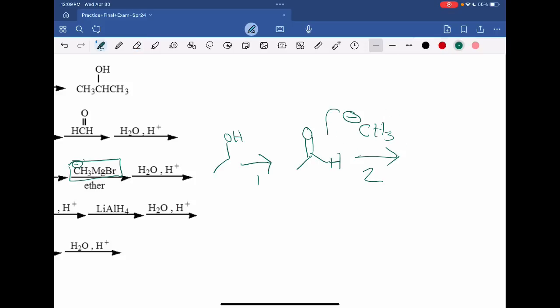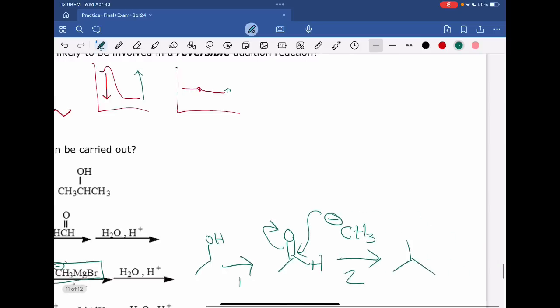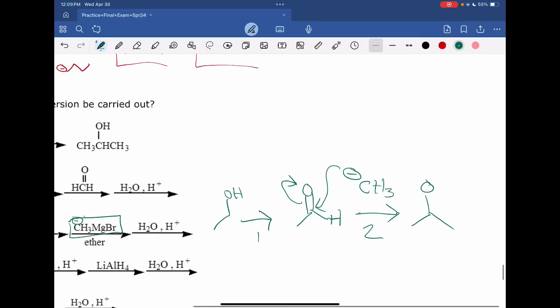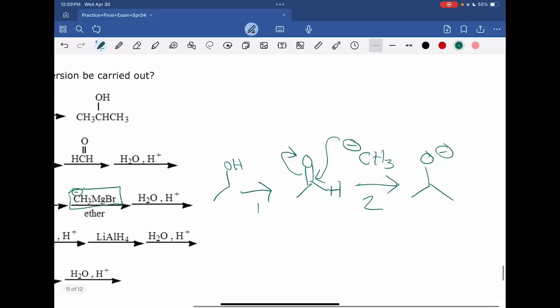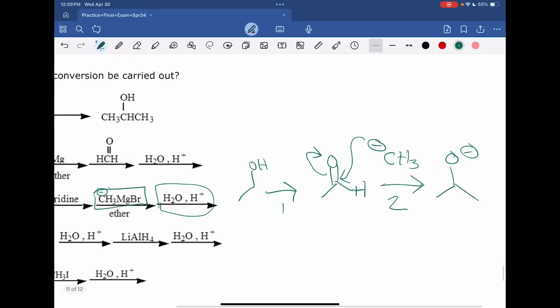This is going to go and attack this carbonyl, move this up, and you will get extra carbon. You just add a carbon, which is what we were trying to do. So I'm liking this. And you got a negative charge in there. And now the last step is just neutralizing it with acid.